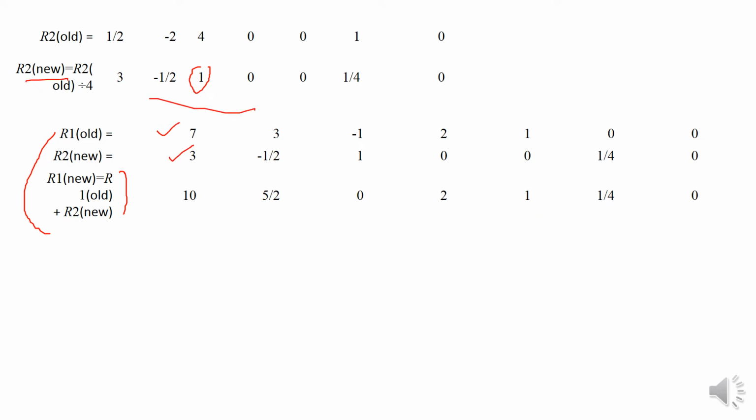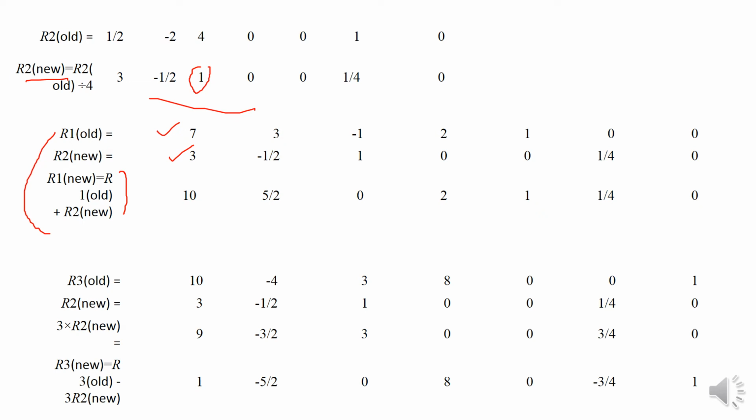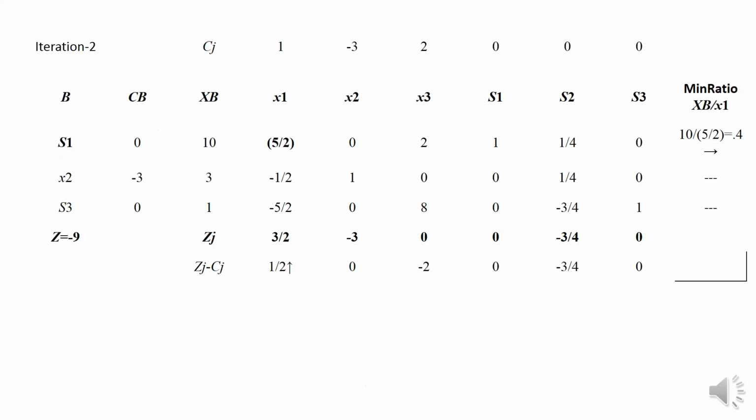This is R1 old, R2 new we have just calculated, and R1 new comes with the help of this formula. Then R3 old we know, R2 new we have calculated, and R3 new is R3 old minus 3 R2 new. So we will get this in the next iteration. These are the new values.